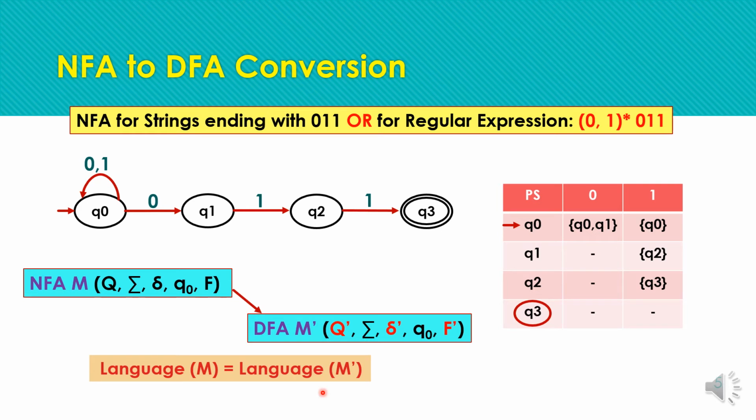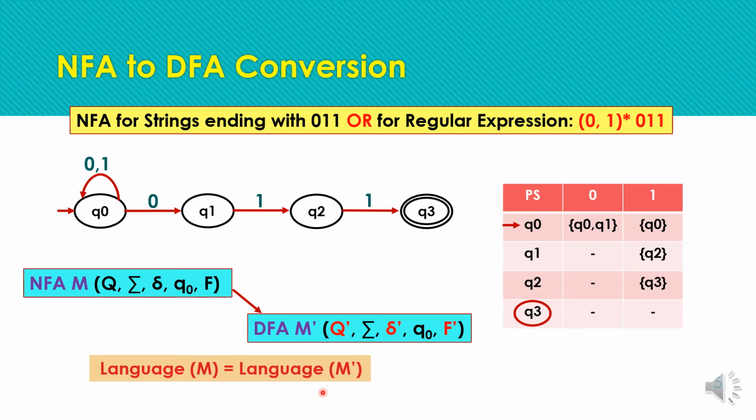By language here we mean the set of acceptable strings by the NFA must be the set of acceptable strings for M dash, meaning both machines should accept the same strings and reject the same strings. Working of both should be the same, and the power of NFA and DFA are the same.